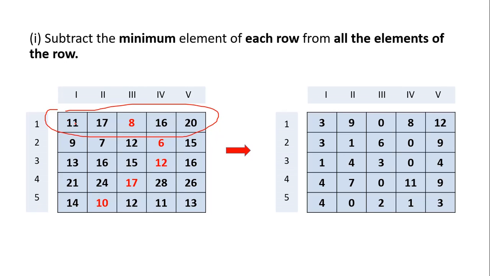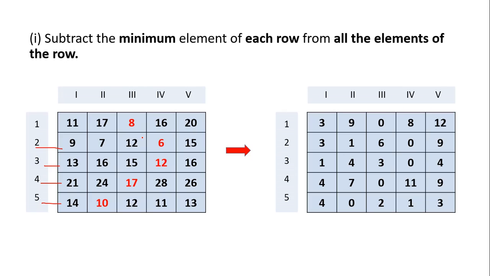In this first row itself, 11 minus 8 is 3, 17 minus 8 is 9, 8 minus 8 is 0, 16 minus 8 is 8, and 20 minus 8 is 12. So this is our first row, and likewise the second row, third row, fourth row, and fifth row. All the values are computed by subtracting the minimum value from each element in all the rows.